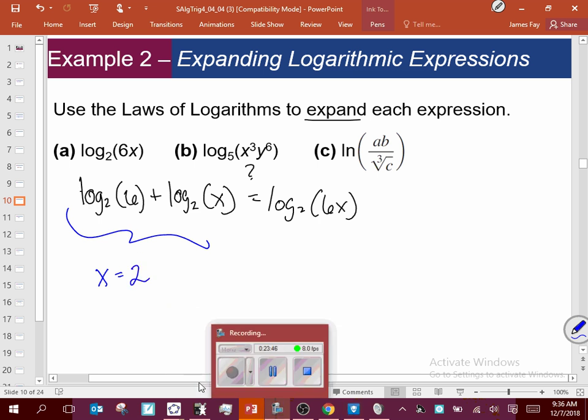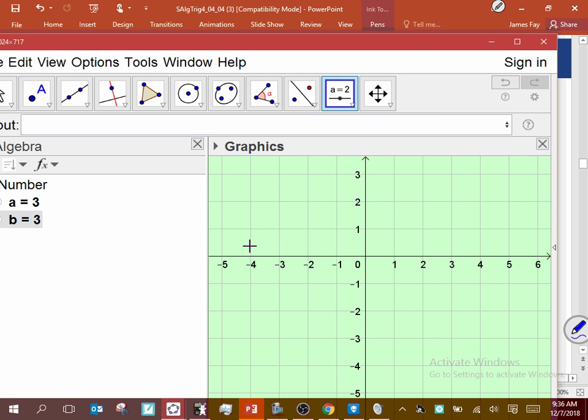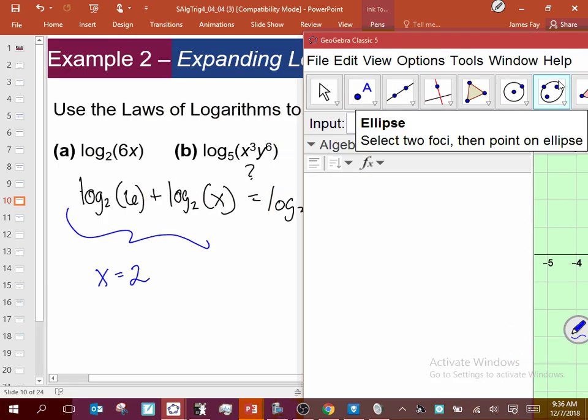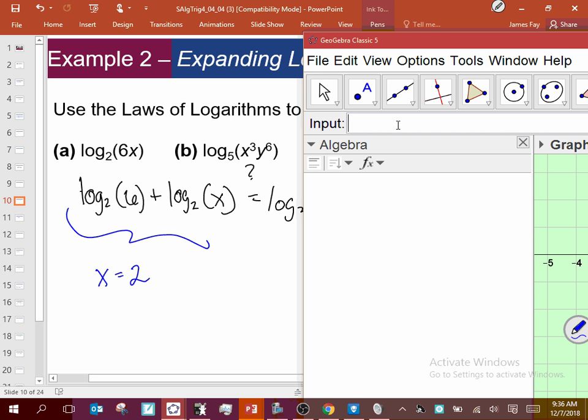All right. So now if I take one of my calculators and type in log base 2 of 6 plus log base 2 of 2, that's my x, right? Hit enter, see what I get.